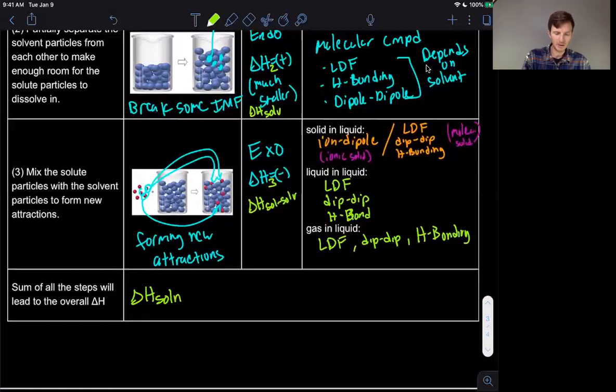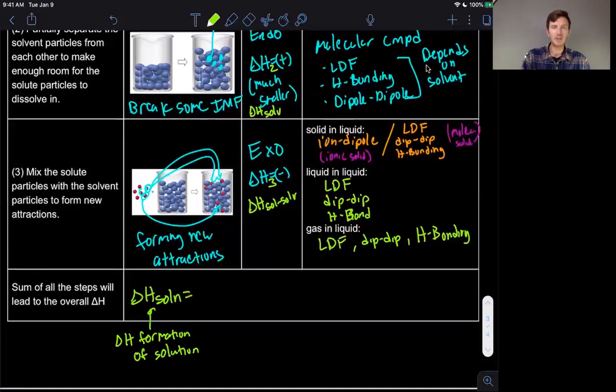That is the change in enthalpy for the formation of a solution, whatever that solution is. It could be sugar dissolving into water, or isopropanol dissolving into water. There are all these different mixtures, or solutions, that we can form.